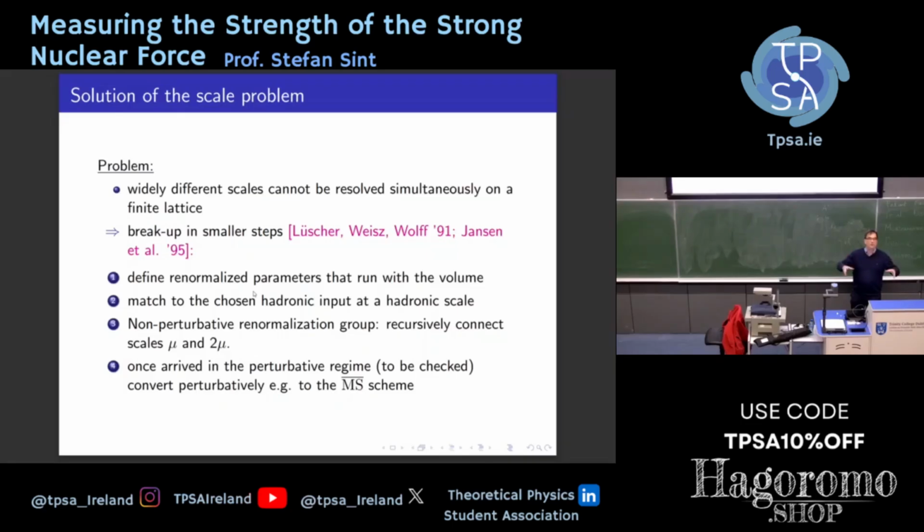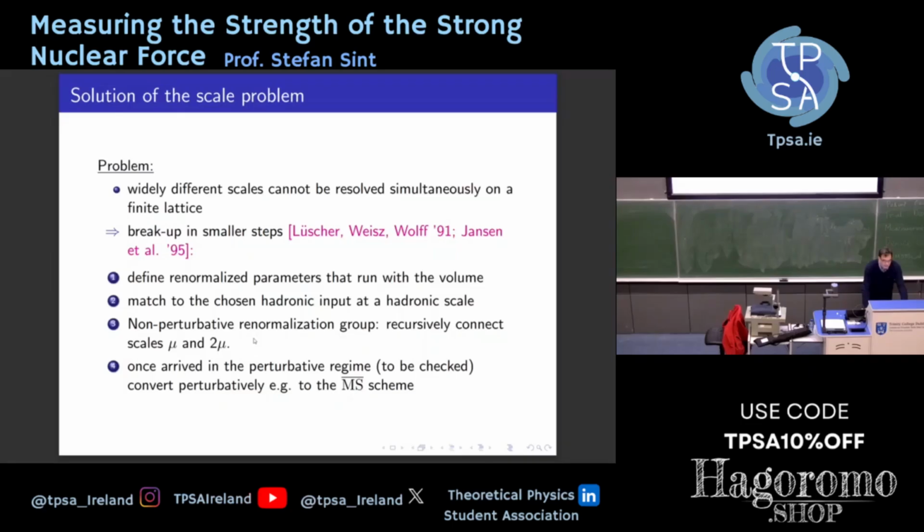So you use the volume to set the scale, essentially. So L is a length scale, so 1 over L is an energy scale, so that is your momentum scale or mu scale on which the coupling will depend. And then you just study how the coupling changes as you change the volume.